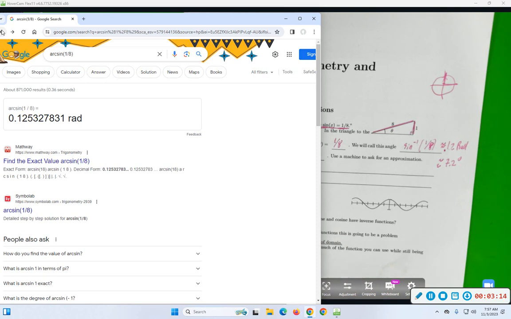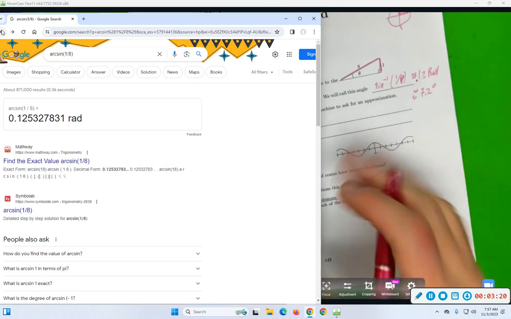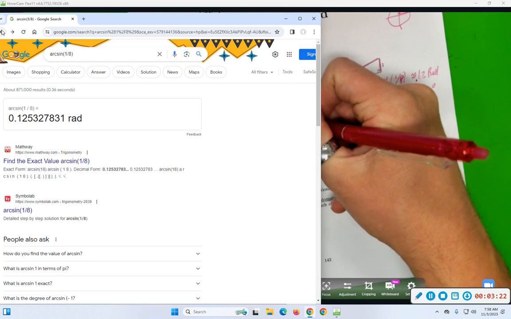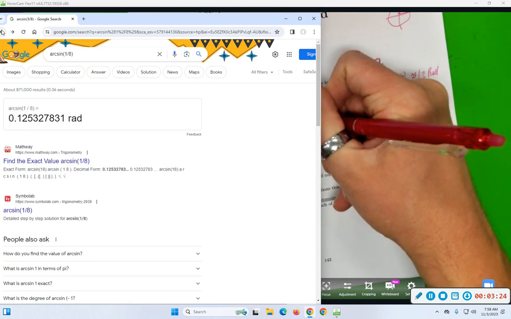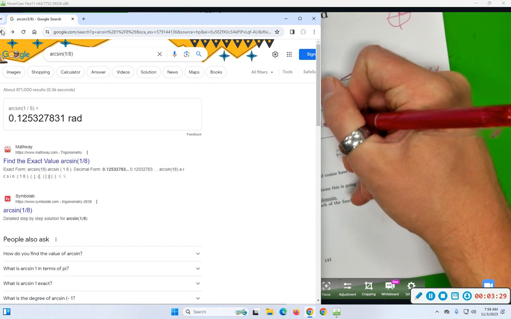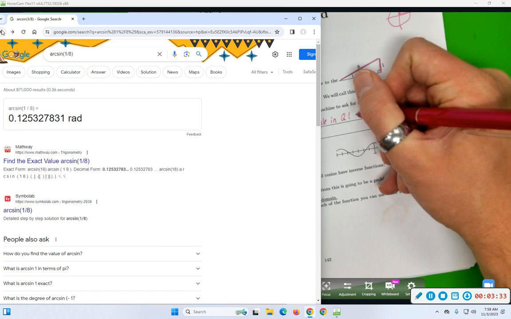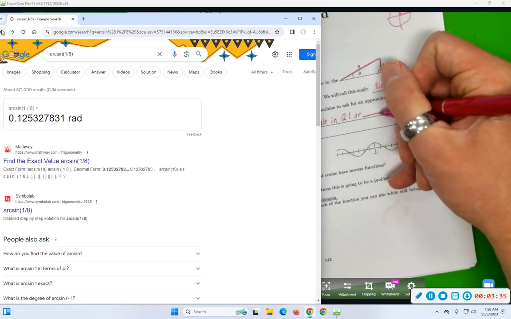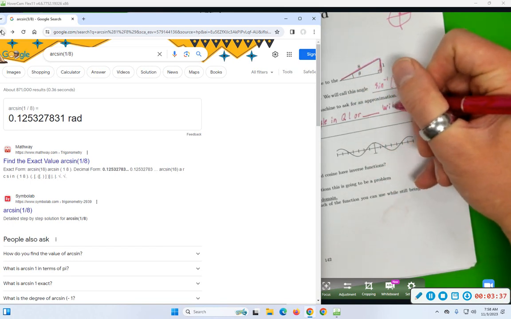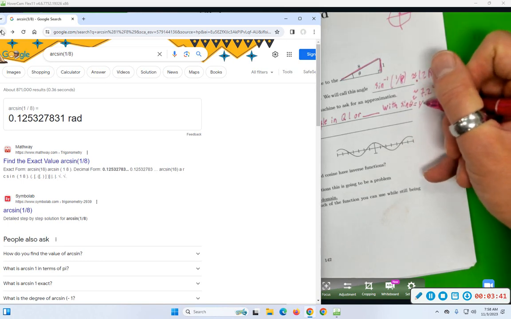So, this stuff up here is the informal definition of inverse sine. Inverse sine of 1 over 8, what does that mean? This means the, in quotes, angle in quadrant 1, or maybe one other quadrant, with sine theta equals 1 over 8.